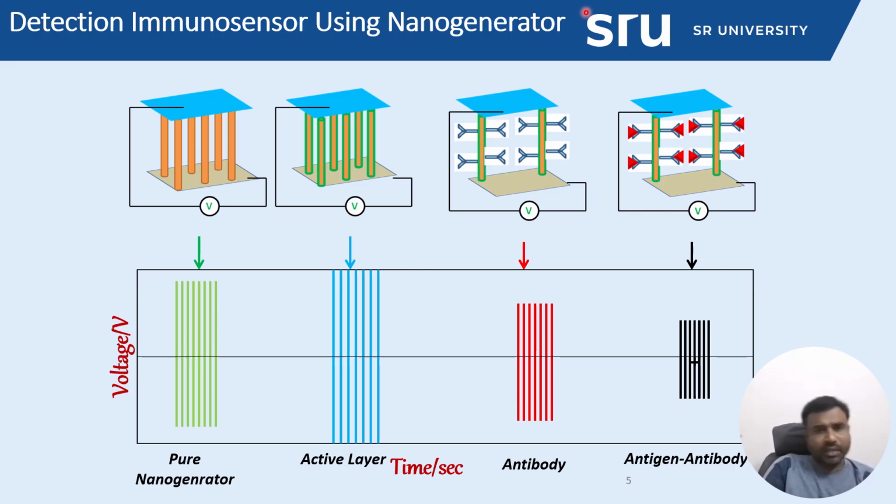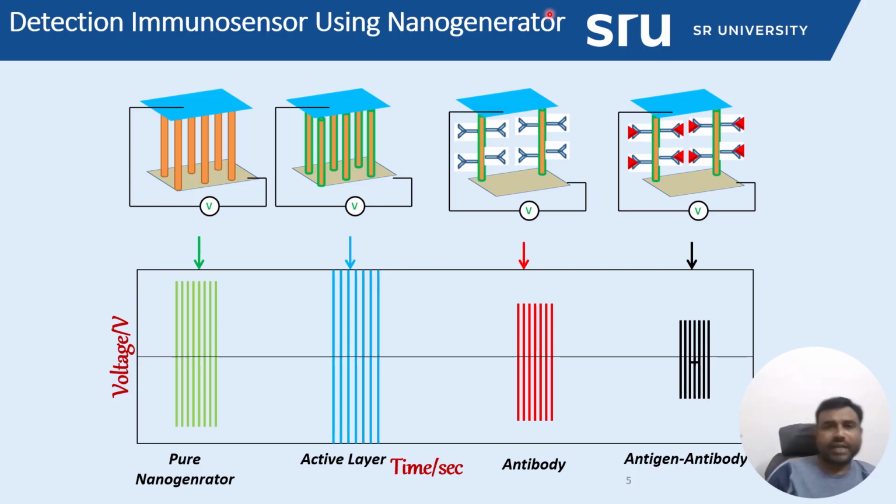So what will happen after that? After coating the active layer, we further attach some bioreceptor molecule. Here we are attaching the antibody in this schematic diagram. The same way, we can attach some aptamers or enzyme or protein.